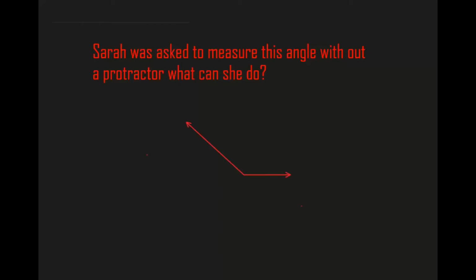So let's go ahead and draw a square. There, we have one. Now let's draw another one. There we go. Now, think of something that we know. We know that the angle of the square here is 90 degrees.